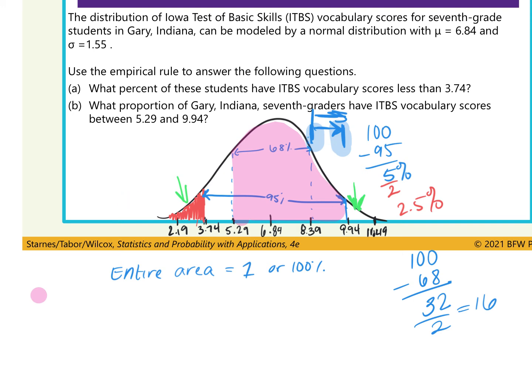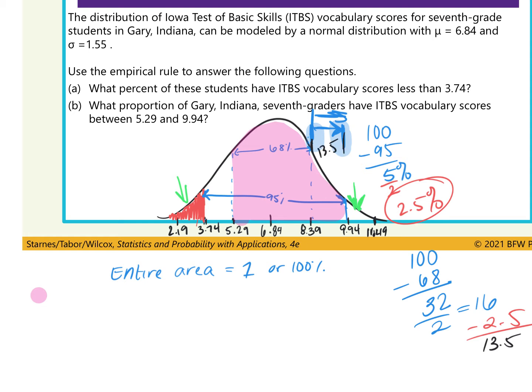And then I want to stop at the 2 standard deviation mark. We already said 2.5% is above that, so 16 minus 2.5 gives me 13.5%. So from here to here, I get 13.5.